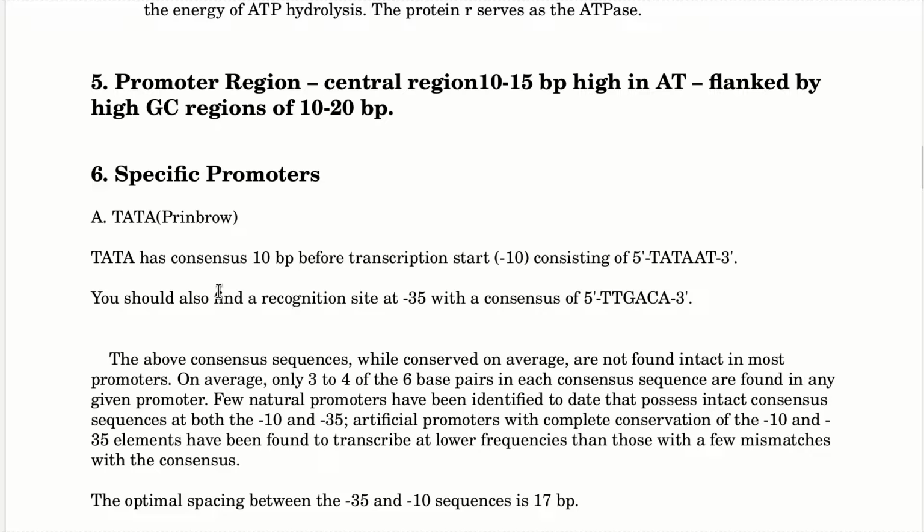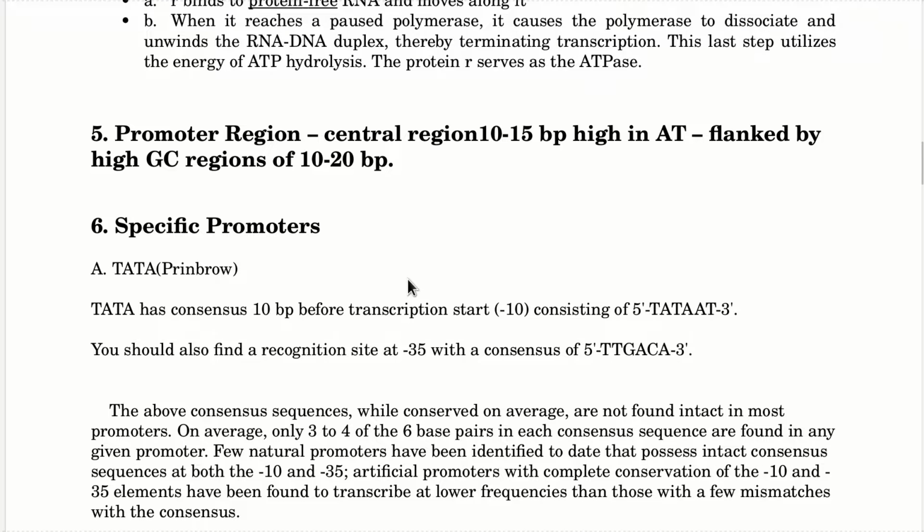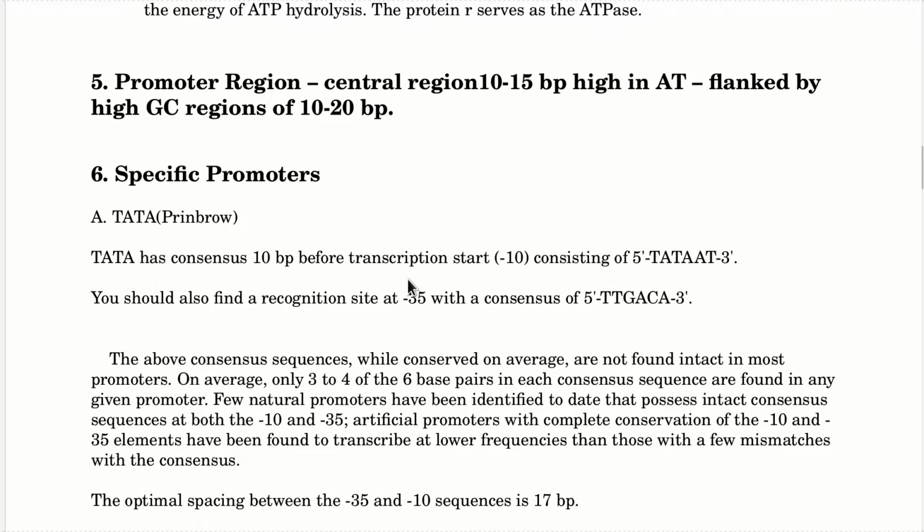And the Cat box and the Tata box work together. The Tata box is, actually you'll see books say it's at minus 10, others say minus 11. This one is usually at minus 35, and usually these are both there. And these regions are necessary for the initiation of transcription.